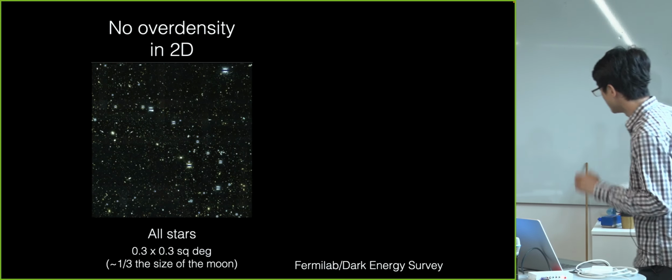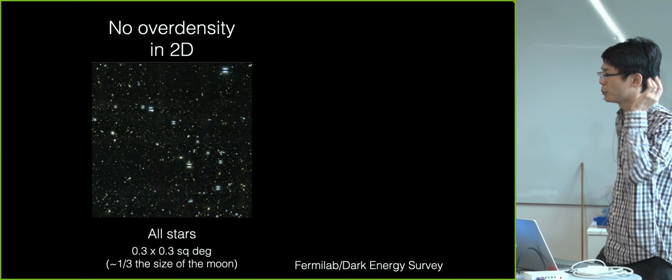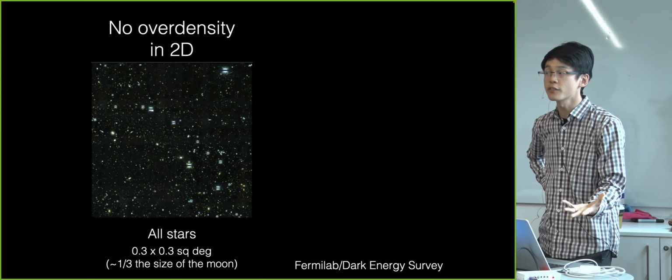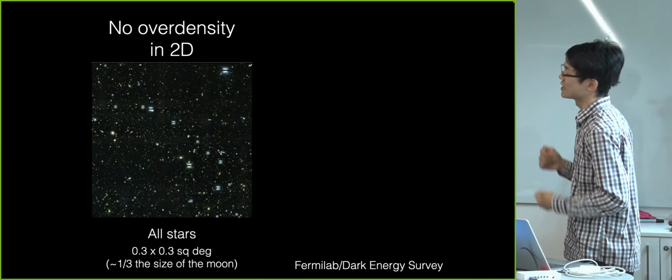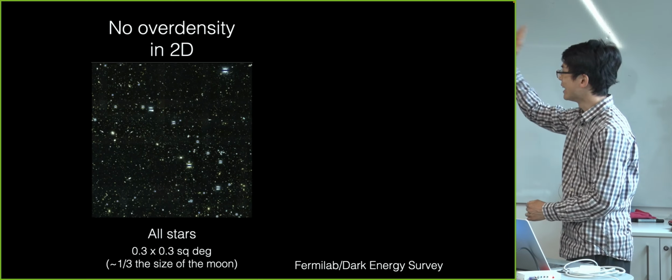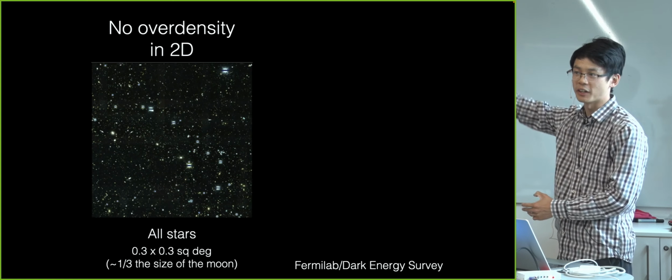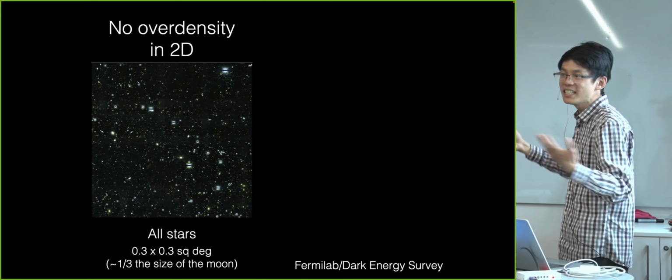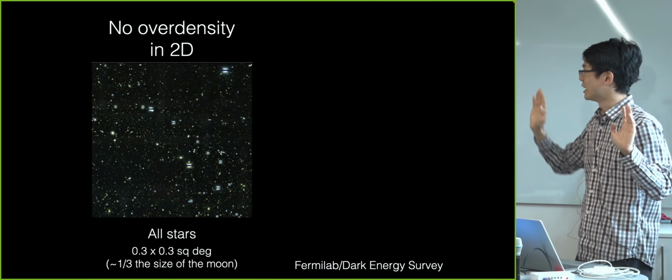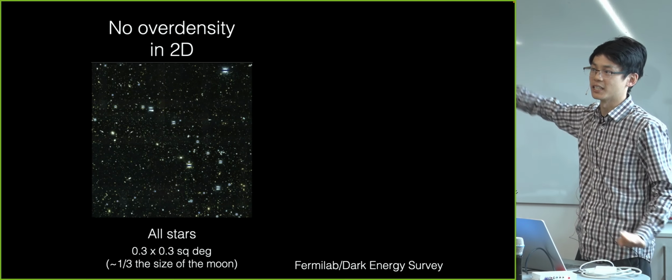And the reason for this discovery was basically we got extra dimensions to search for dwarf galaxies in. So this is an image of my favorite galaxy in the universe. It's not the Milky Way, it's this thing over here. If you stare at it for a little bit, you will be very confused because it just looks like a bunch of random stars in the sky. And indeed, in the plane of the sky, this is just nothing, right? It's not an overdensity.